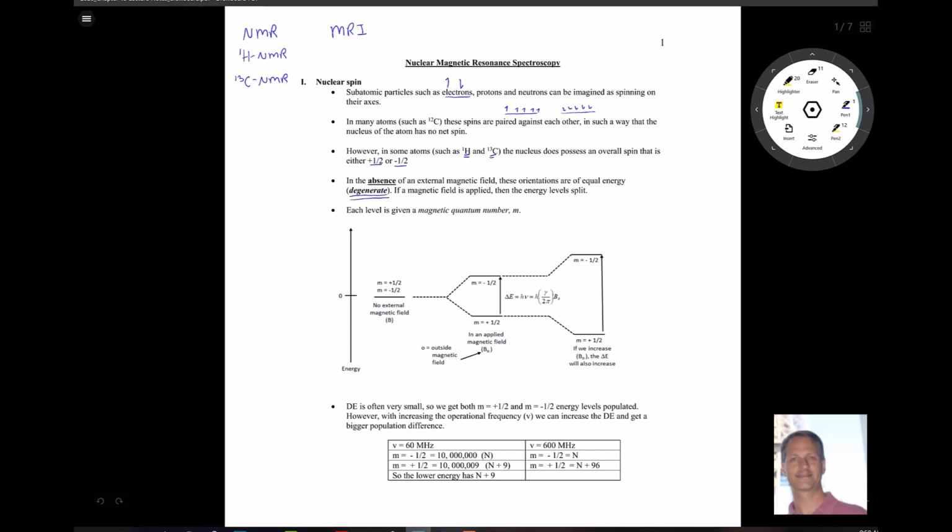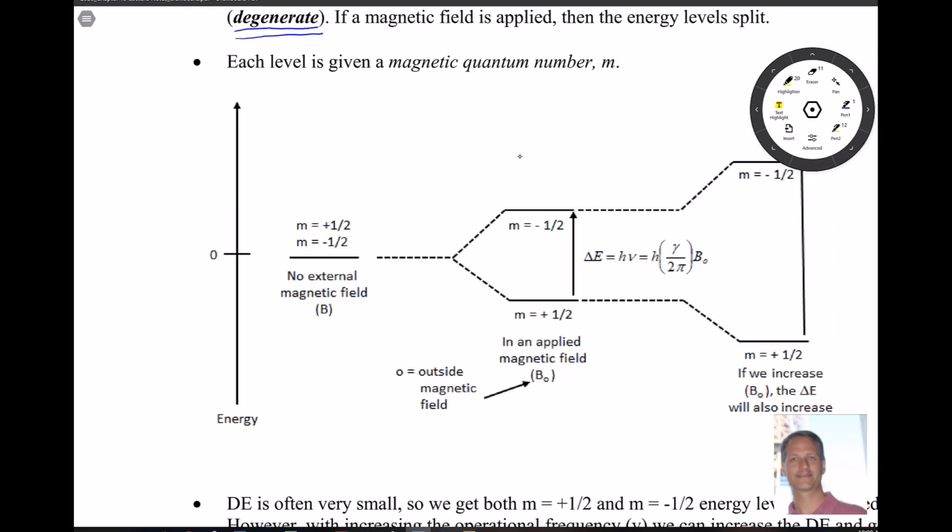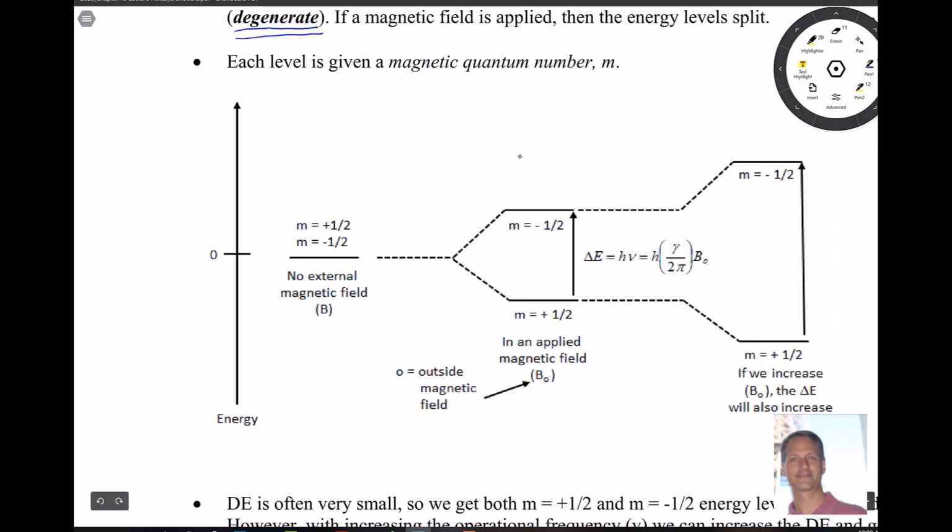However, if a magnetic field is applied, then the energy levels split. So let's take a look at that splitting process here. Here is our energy. We're going to call this our ground state, GS, and the energy of that is just going to be 0.